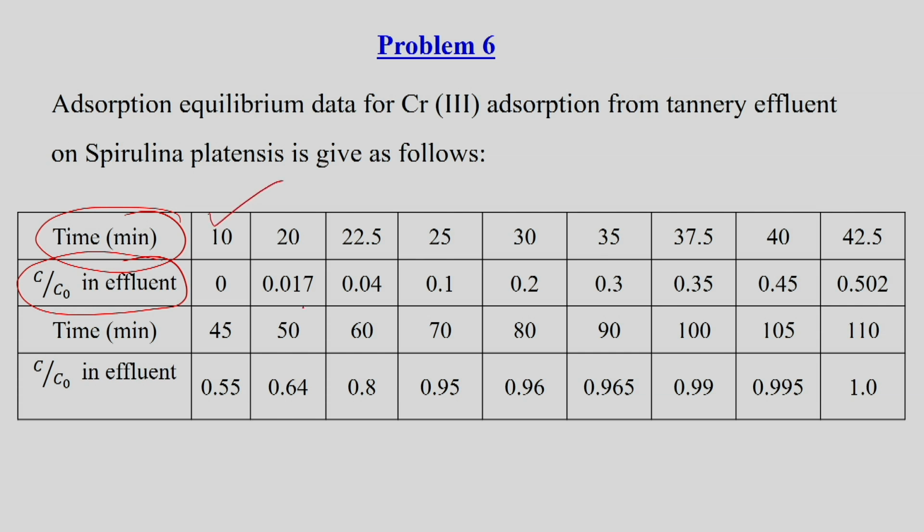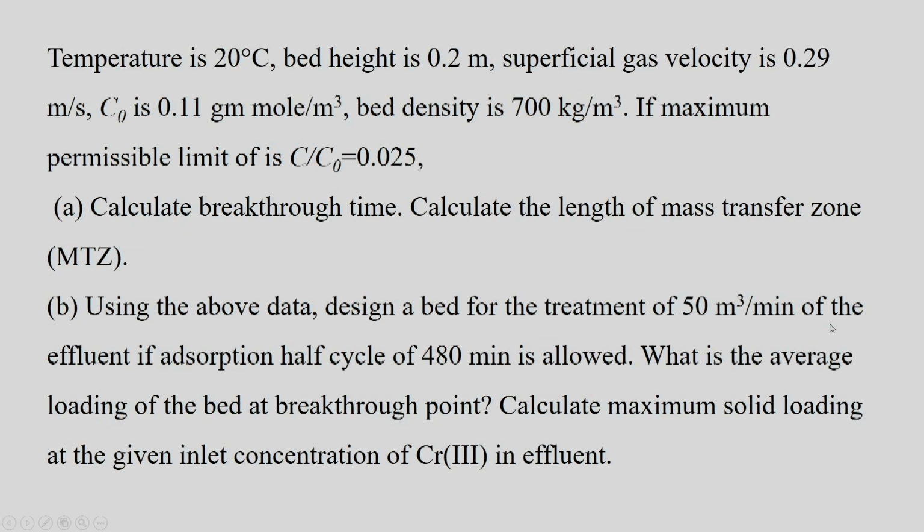Starting time is 10 minutes, and it continues up to 110 minutes. For the first 10 minutes C by C0 was 0, so the effluent contains nothing, but at 110 minutes C by C0 or Q by Q0 has reached the value of 1. So, this equilibrium data point is already available for chromium 3 adsorption. Now, we need to solve the problem in terms of breakthrough time calculation, etcetera.